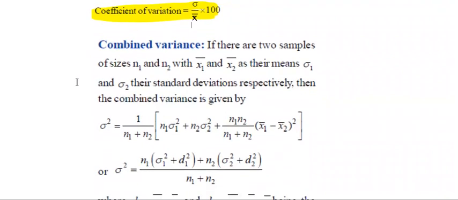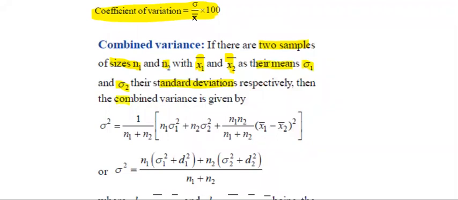Next, combined variance. There are two samples of sizes n1 and n2 with x1 bar and x2 bar as their means. Sigma 1 and sigma 2 are standard deviations respectively.